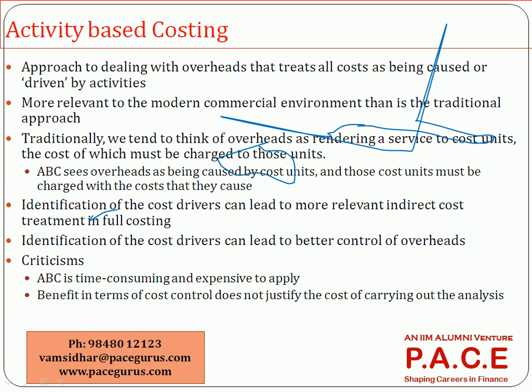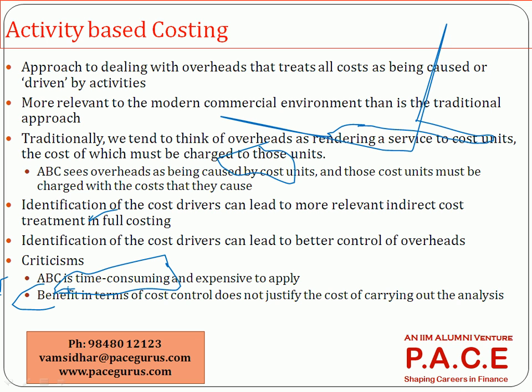But the major criticism that is associated with activity based costing is it's a huge time consuming activity, and it is pretty much expensive to apply because again there is a lot of subjectivity involved in this process. So whatever the extra benefit that is coming up, no doubt you will definitely get a better costing compared to the one that is determined by the traditional process.